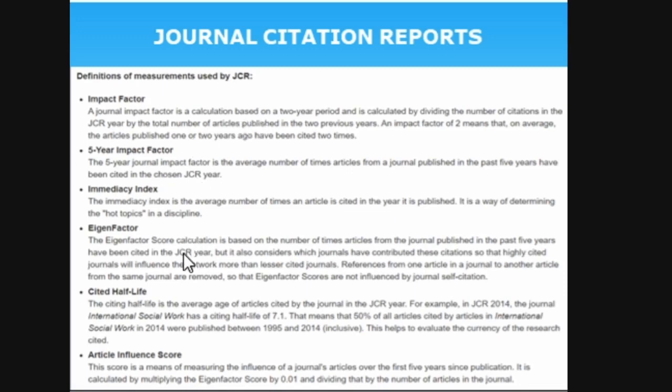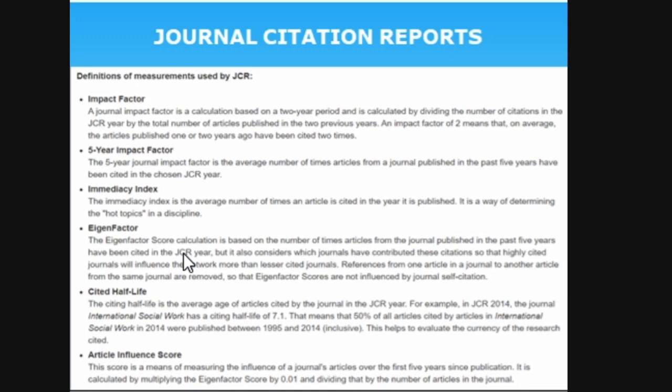The Eigenfactor is based on the number of times articles from the journal published in the past 5 years have been cited in the JCR, but it also considers which journals have contributed to these citations, that is, highly cited journals will influence the network more than lesser cited journals.